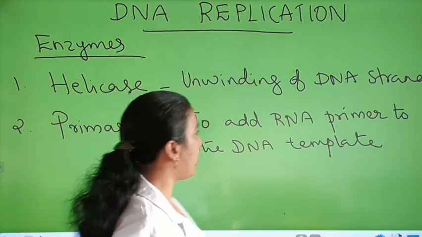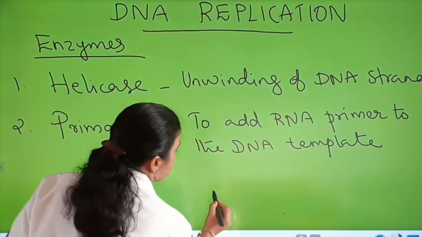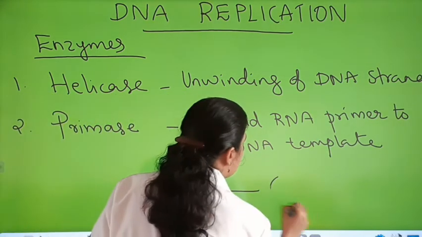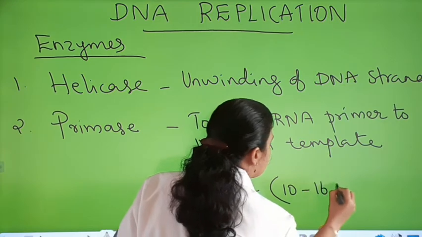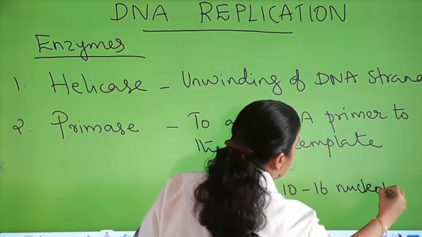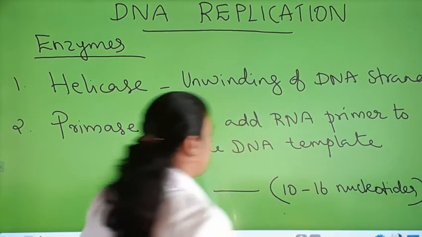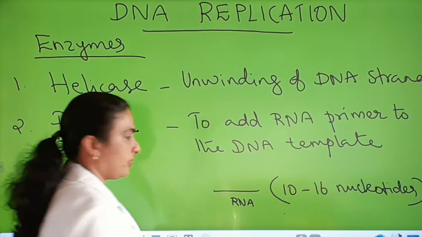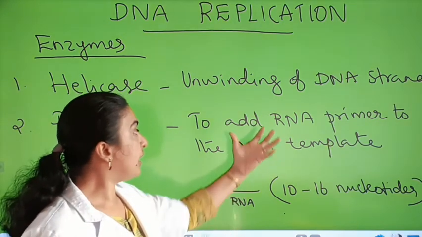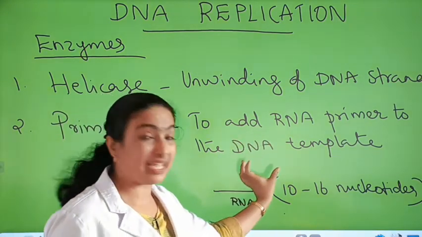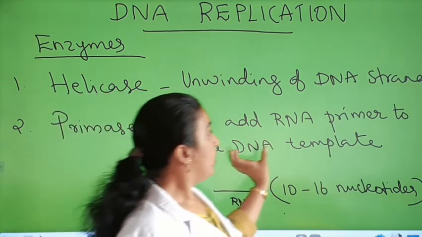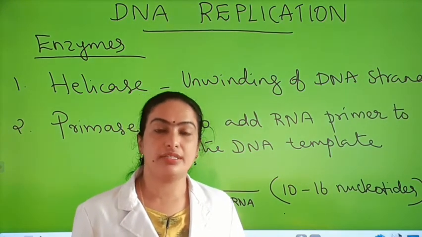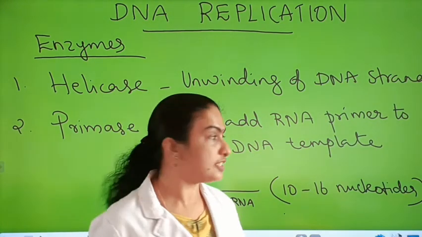So what is an RNA primer? An RNA primer is a short stretch of RNA molecule. It consists of 10 to 16 RNA nucleotides only. This primer can be added on the template strand to accomplish the further polymerization of DNA replication by another enzyme that I will teach you.